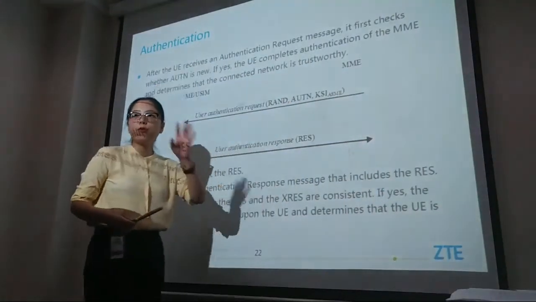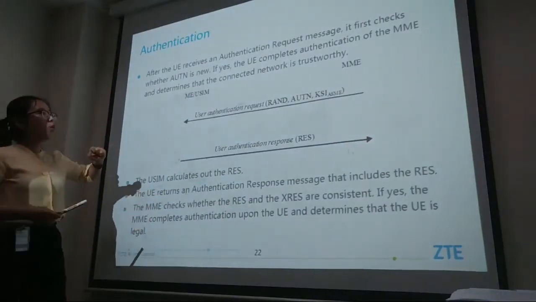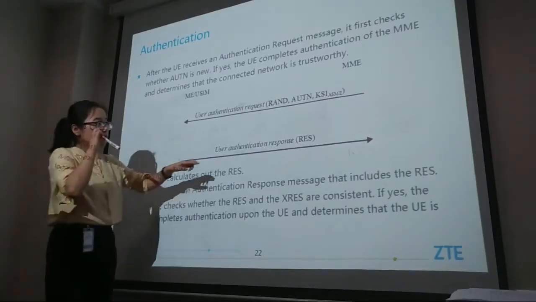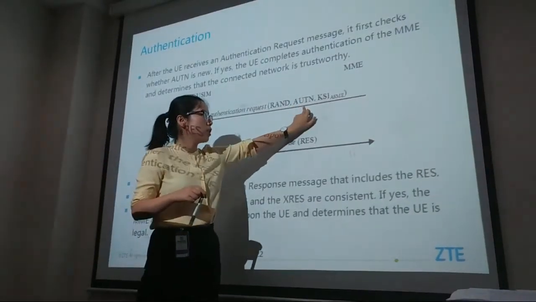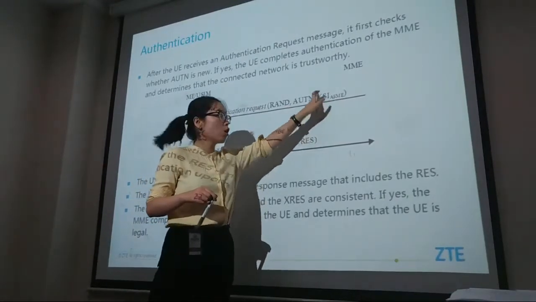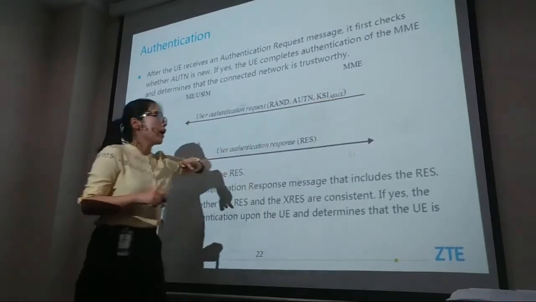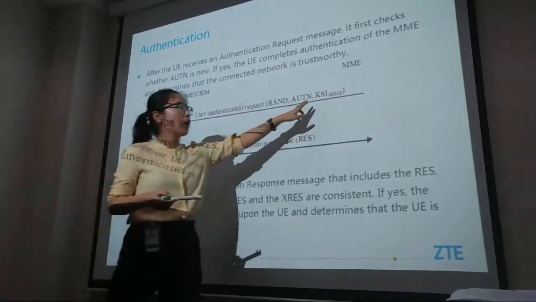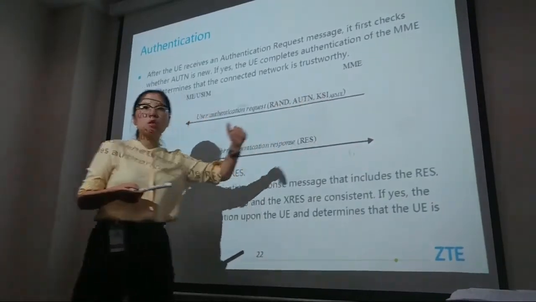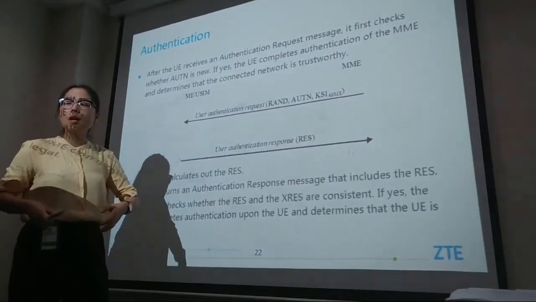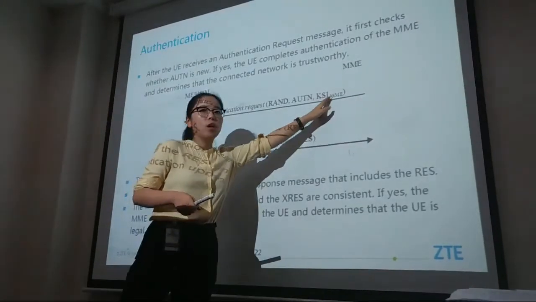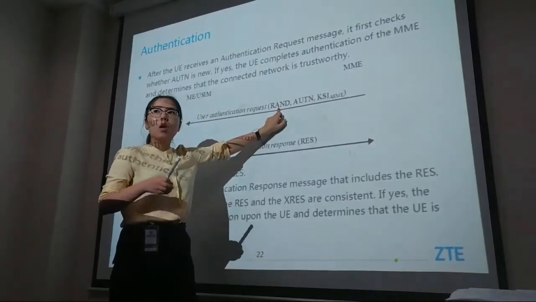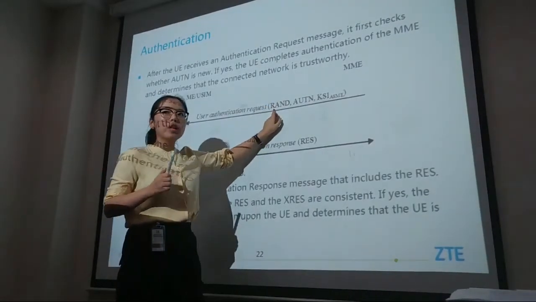So we generate four vectors, but we only send three to the UE: the random value, the AUTN, and the KSI ASME. It's not the KASME itself; we can think of it as representing the KASME, but it's different. So even if someone steals this value, it doesn't matter. The random value is sent to the UE side.